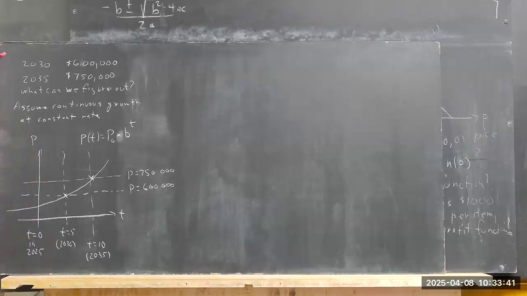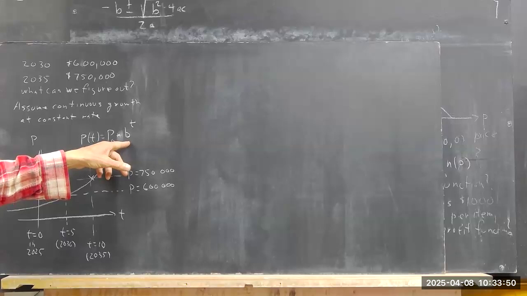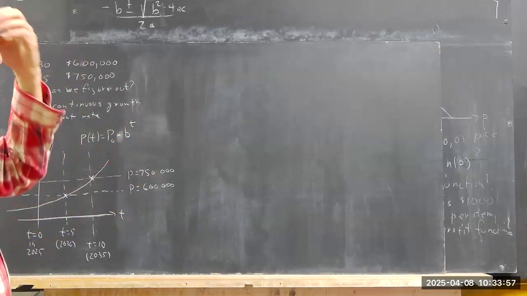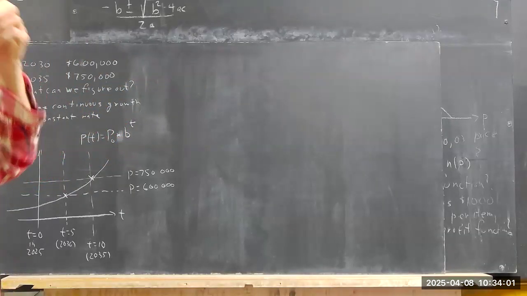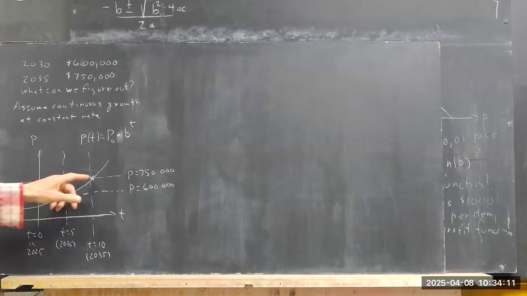But how are you going to determine it? Well, there are two things that are unknown in this model. The value of P naught and the value of B. You've got 2 points on the graph, just like you have 2 points on the graph of a linear function. You can plug in the information from the 2 points, and each point is going to give you an equation.